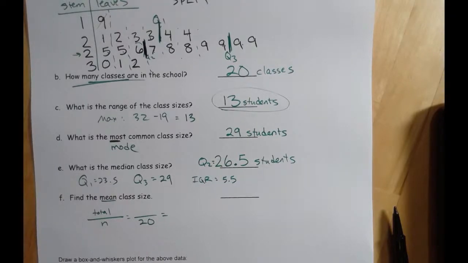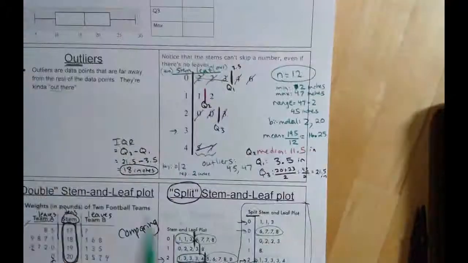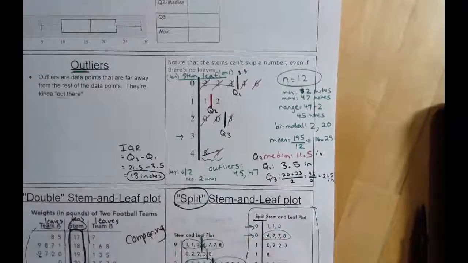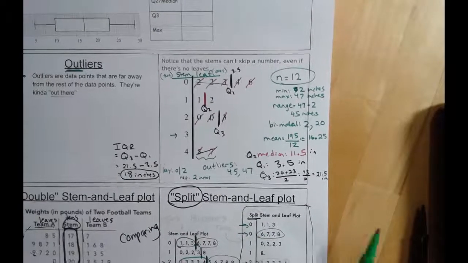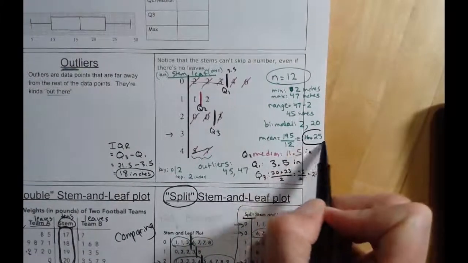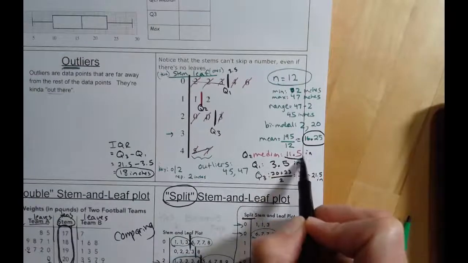Now the one really important thing that I haven't discussed yet that I need to before you do your homework is the idea of how the mean and the median are related to each other and really affect each other. So let us go back to this page here. We're going to look at this data that we've already done a bunch of calculations for, and we're going to look at how these outliers really affect the data. So we said that the mean was 16.25 and the median was 11.5.